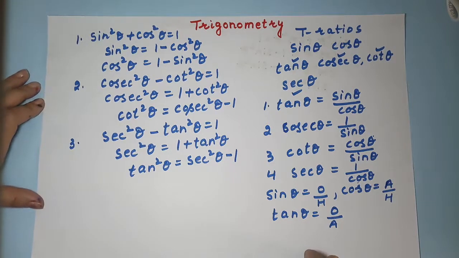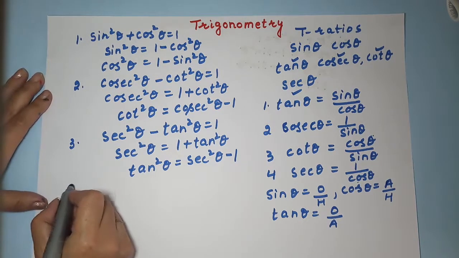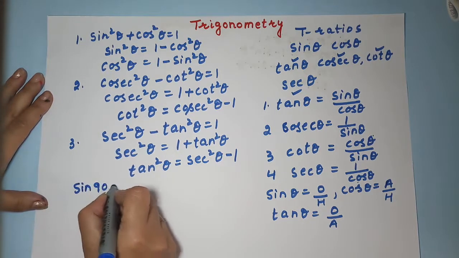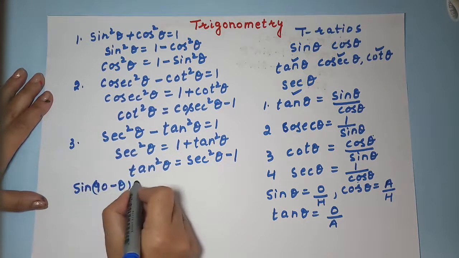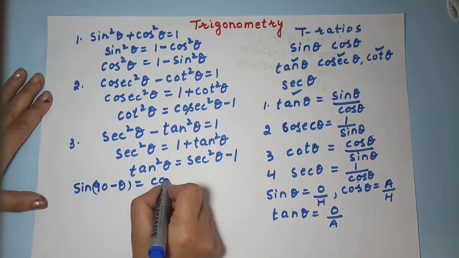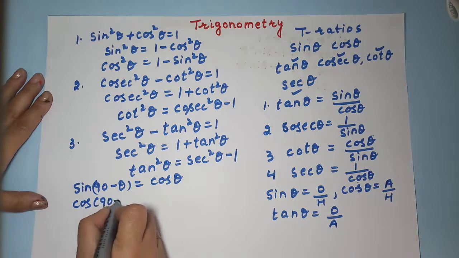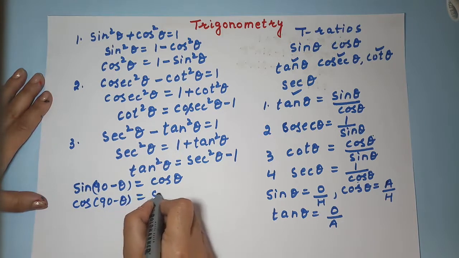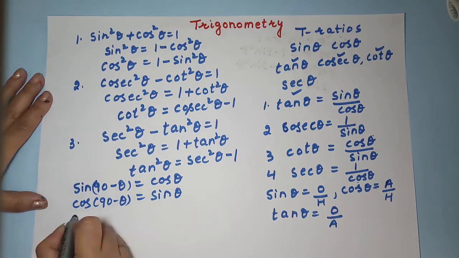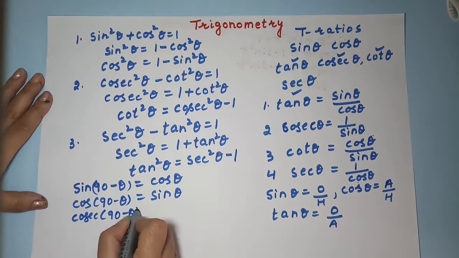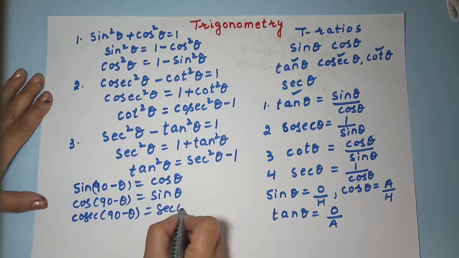Then comes another part of it, and that is complementary angles. We have learned that sine 90 minus theta is always equal to cos theta. Cos 90 minus theta is equal to sin theta. We have also learned that cosec 90 minus theta is equal to sec theta.